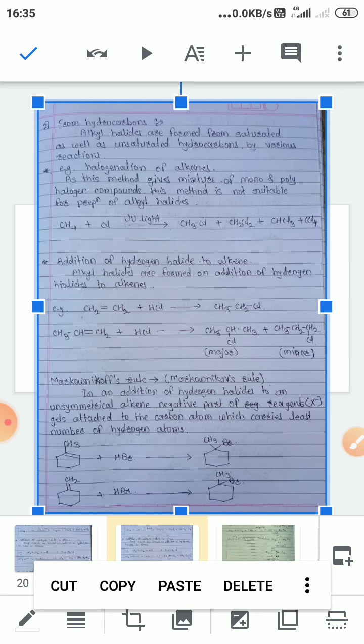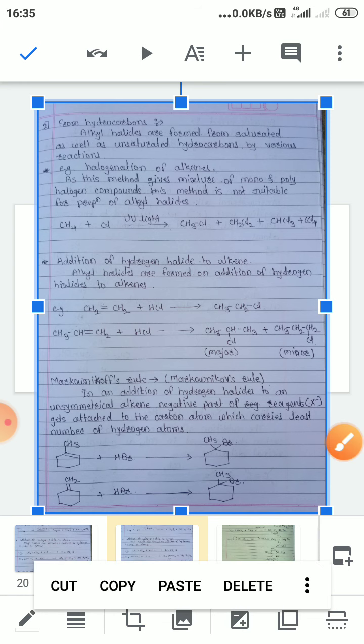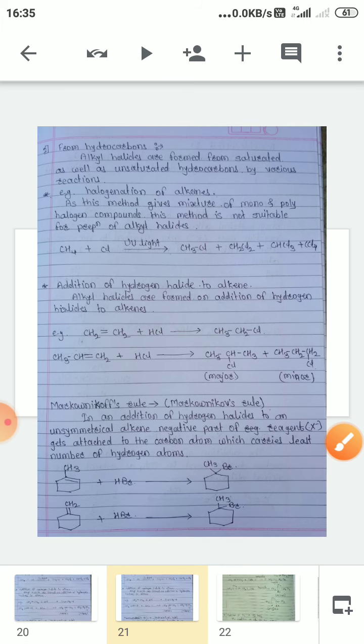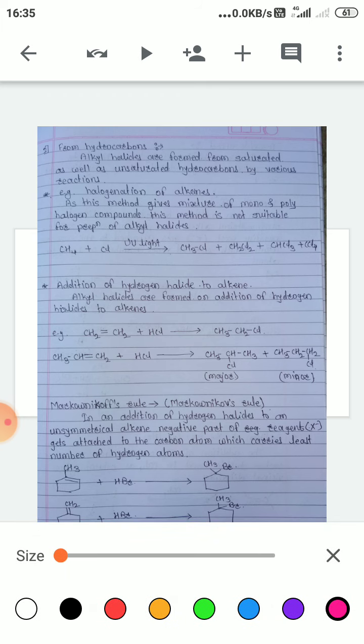Alkenes contain a carbon carbon double bond, and addition of hydrogen halides across the carbon carbon double bond gives two possible products if the alkene is unsymmetrical, and if the alkene is symmetrical, then it will give only one product. For example, consider ethene, CH2 double bond CH2.